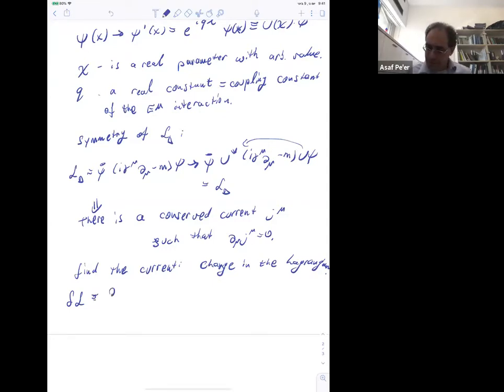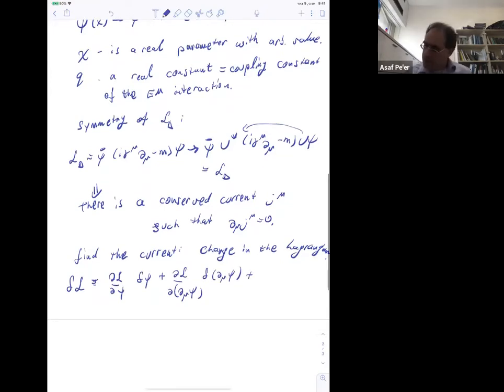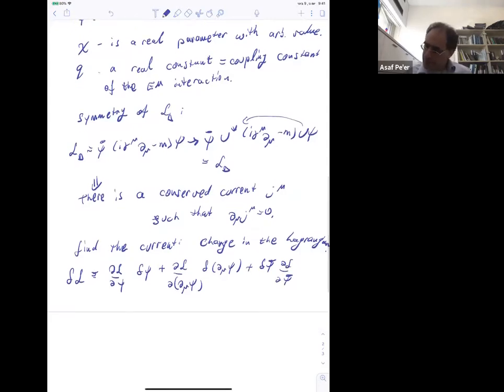So it's just dL over d psi times delta psi, plus dL over d(d_mu psi) times delta d_mu psi, plus delta psi bar times dL over d psi bar, plus delta d_mu psi bar times dL over d(d_mu psi bar), which is 0, because the Lagrangian is invariant.